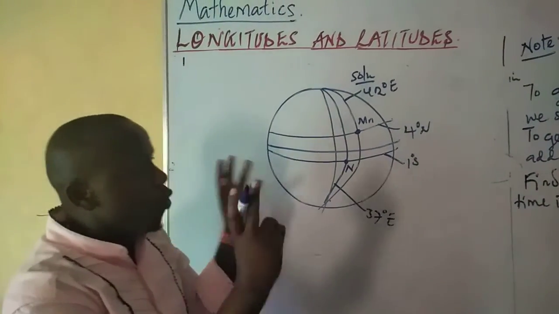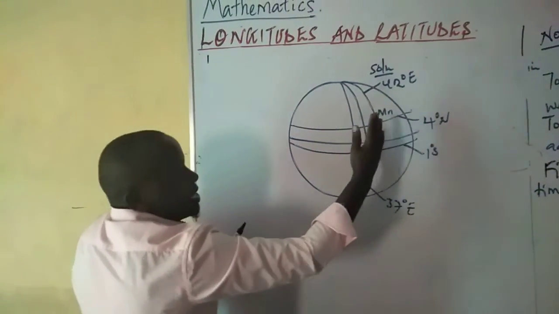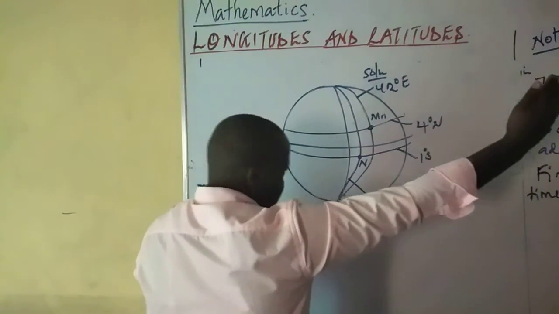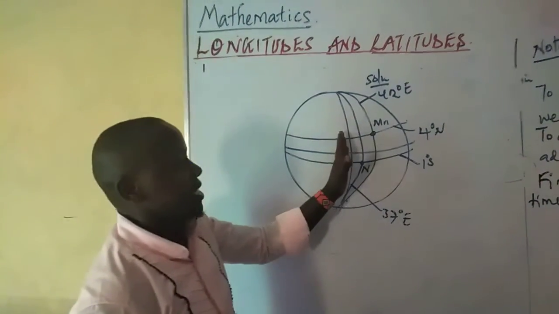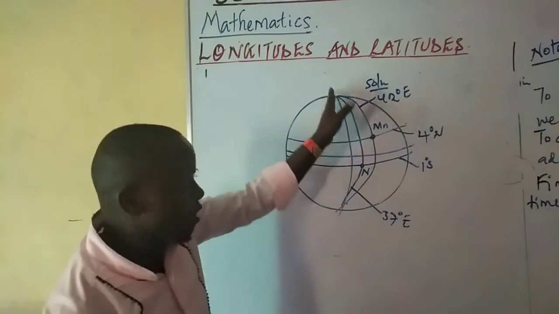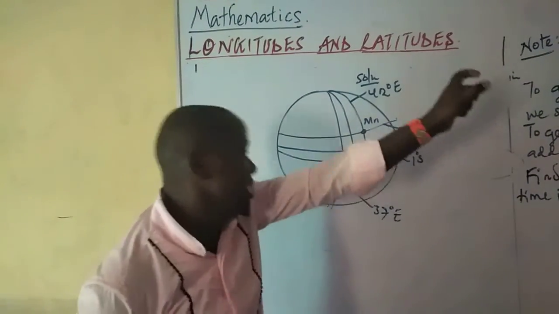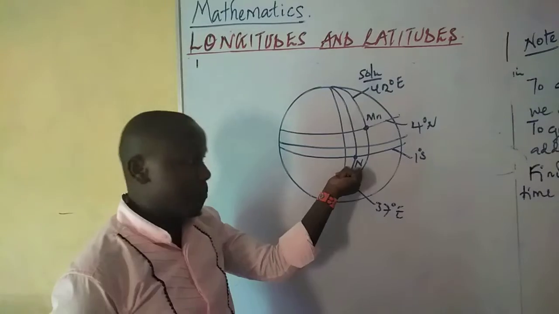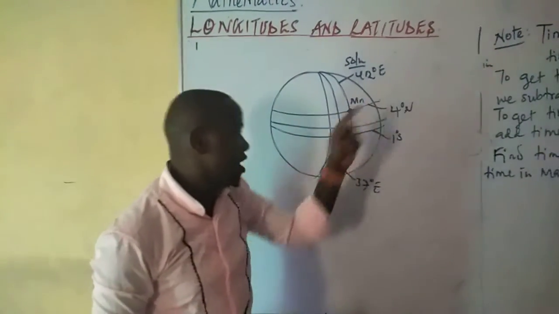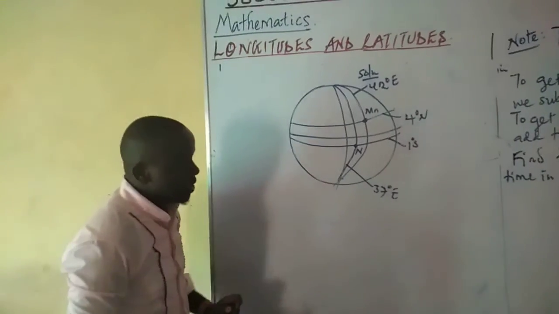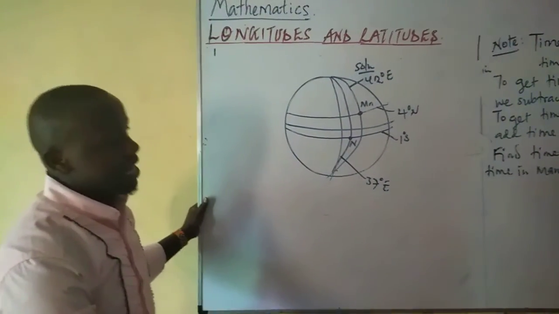Therefore, when you compare these two places, Mandera is much more on the east side compared to Nairobi. Even though the two places are east of the prime meridian, Mandera is more to the east compared to Nairobi, meaning that time in Mandera, which is far more east, is ahead. Therefore, we are finding time in Nairobi and time in Mandera is given.